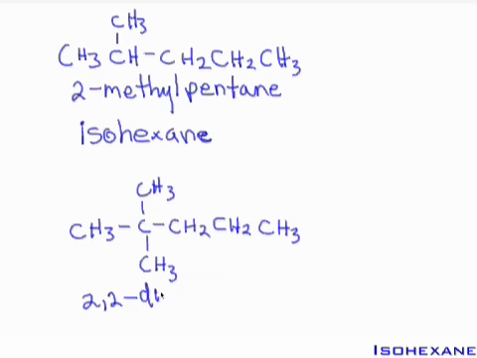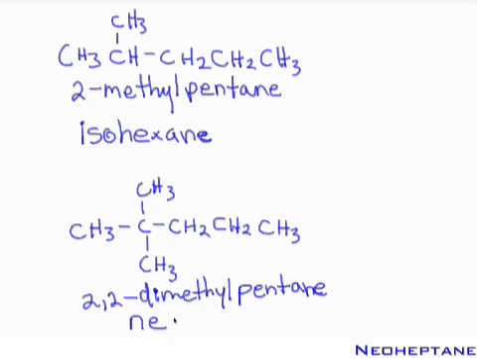That's the IUPAC name. What is the common name? Well, a rule for neo is you go to the end of the chain, count one carbon in. If you see two methyls and it's a straight chain, it's a neo. Just count up all the carbons. 1, 2, 3, 4, 5, 6, 7. It's a heptane. This would be common name, neoheptane. All right.